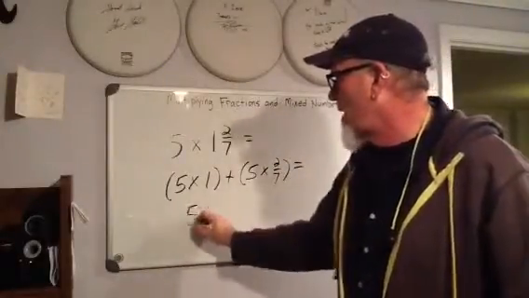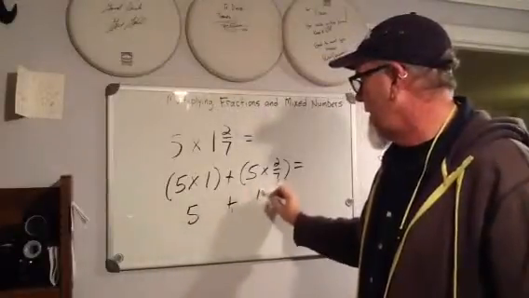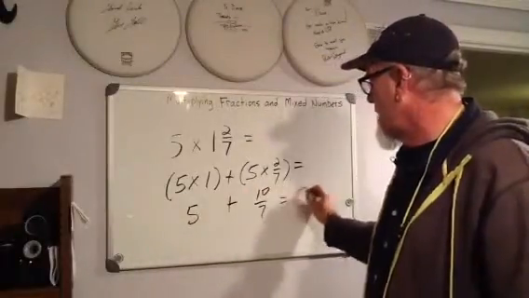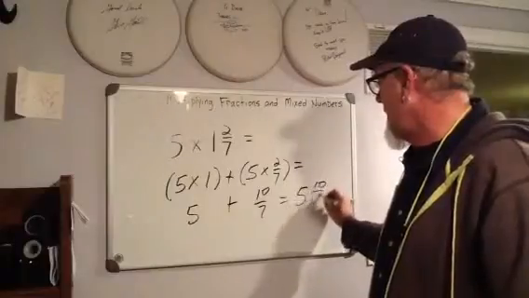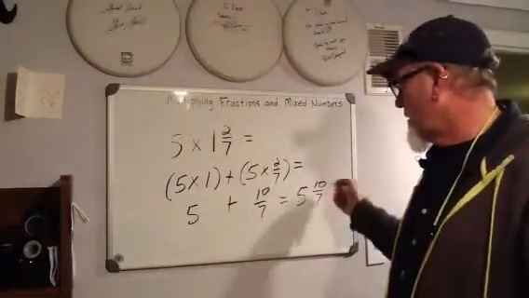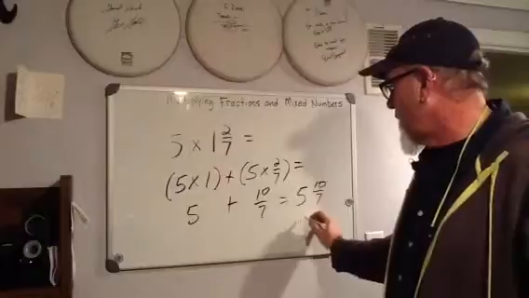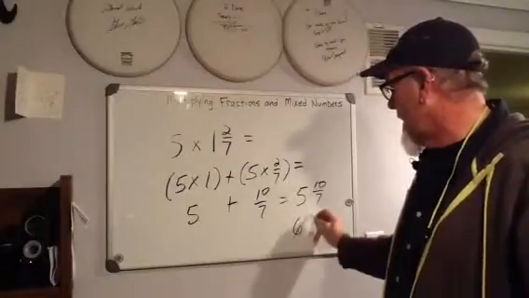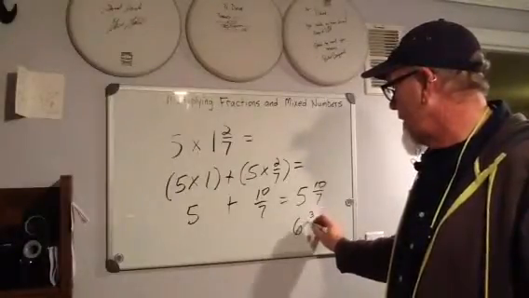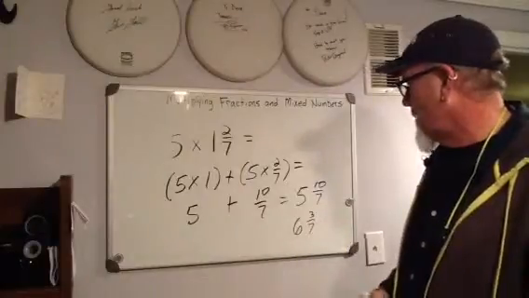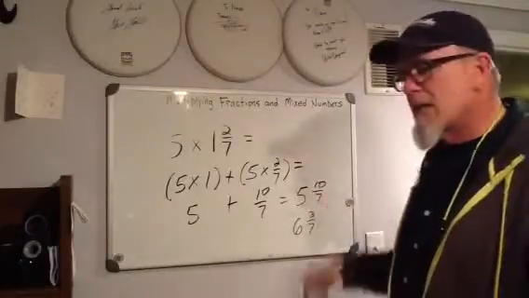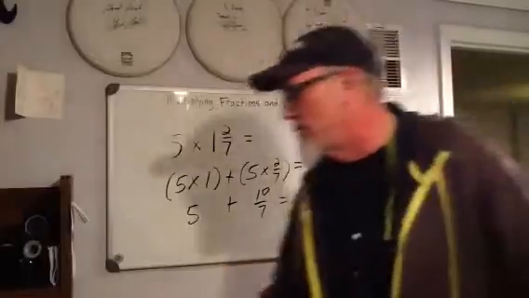This equals 5 plus 10/7 equals 5 10/7. And of course, if we wanted to put it in simplest form, that would be 6 3/7. Okay? But 5 10/7 for this operation is perfectly fine.